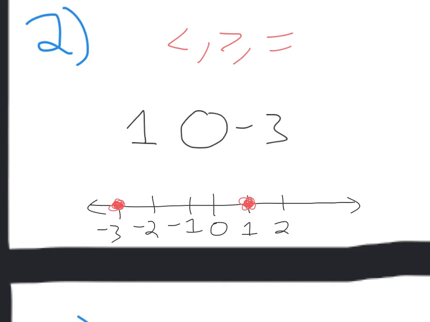So the number 1 here is to the right of -3. So our arrow is going to point to the right, or we can think of it as the number 1 is a bigger number, so the alligator mouth eats the bigger number, or we can think of it as the bully, the bigger number, points down at the smaller number, -3.